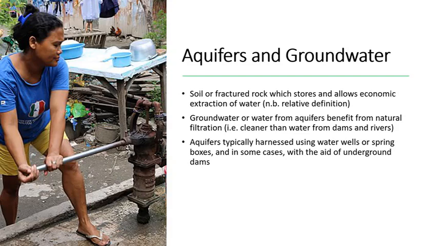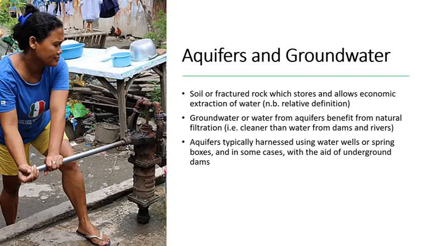So the key word in aquifers is the economic extraction of water. So this is a relative definition actually, strictly speaking. The same way we define ores or minerals are all about minerals that can be extracted economically.